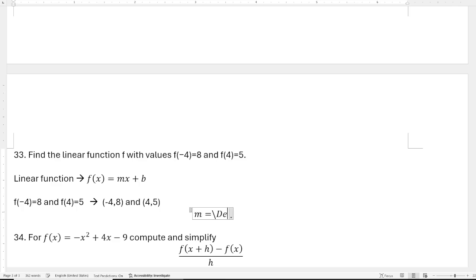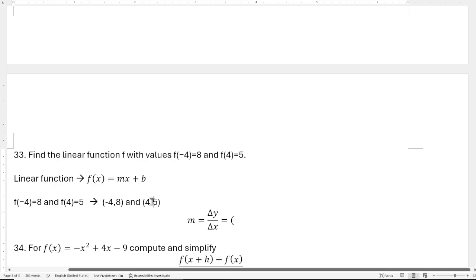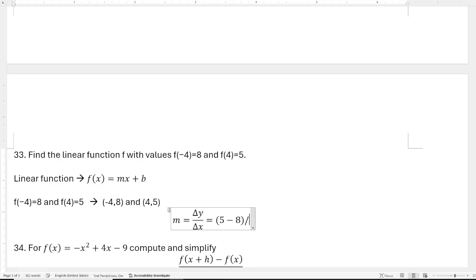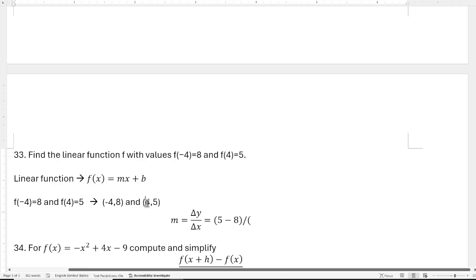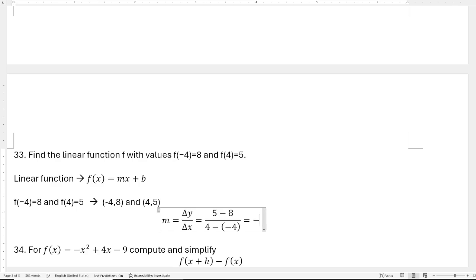M is change of y over change of x. And change of anything is terminal minus initial. So final value is 5, initial value is 8. Final value of x is 4, initial value is negative 4. And that gives you negative 3 over 8. So that's your slope.